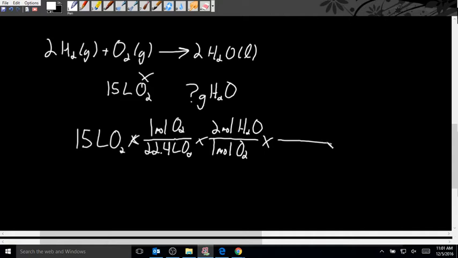All right, last conversion, I'm asking for mass. So this time I'm not going from moles of Y to volume of Y. I'm able to follow the arrow to go from moles of Y to mass of Y. I have 1 mole H2O on the bottom. Molar mass of water, H2O, oxygen 16 plus 2 hydrogens is 18.